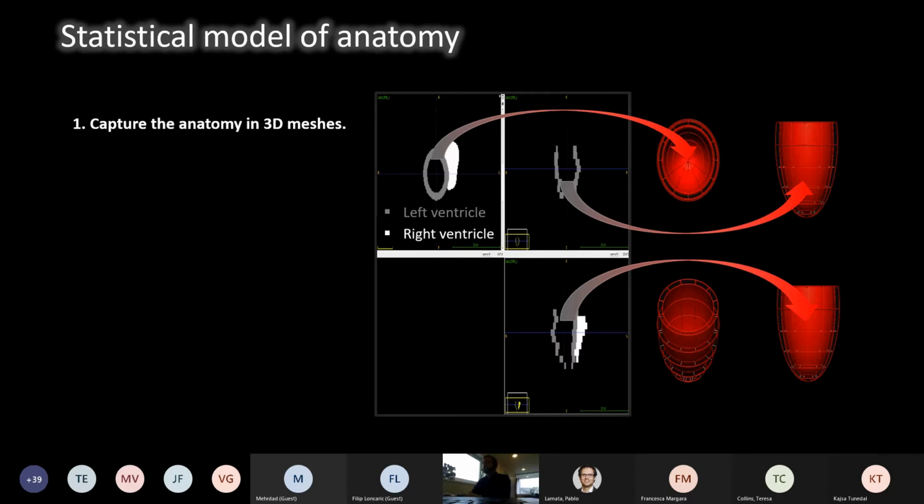With this, each mesh is going to have the same topology. It's going to occupy the same 3-dimensional space, and each anatomical point of the left ventricle will have the same mesh node identifier. And the orientation of the left ventricle is established with the center point of the blood pool of the right ventricle for each case.